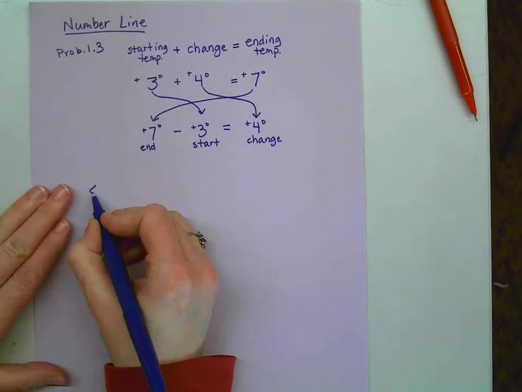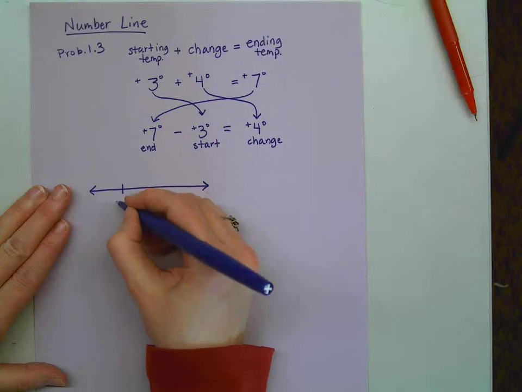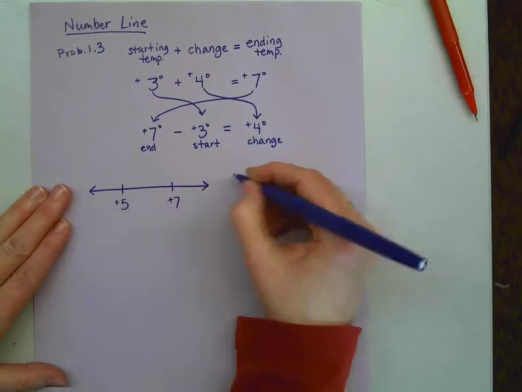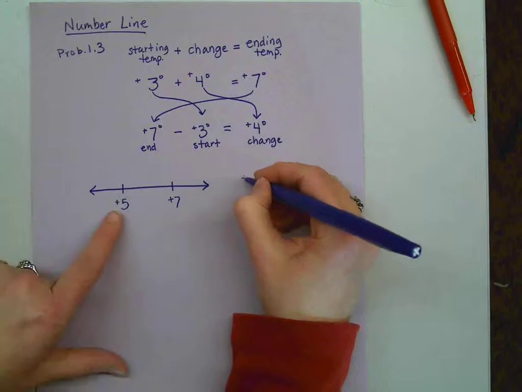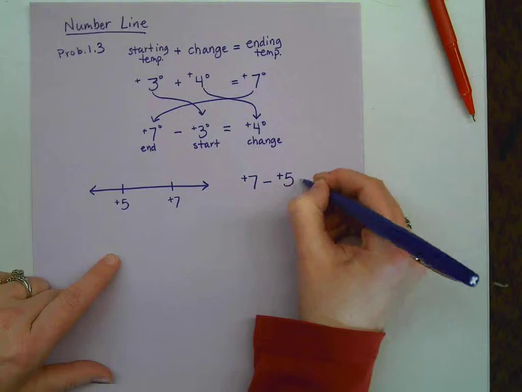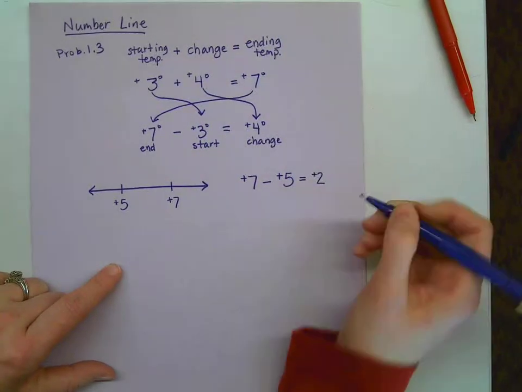So on the number line models that they have in the text, this is kind of what they're doing. So if I start with a +5, here's the problem. +7 minus +5. And we saw in the last problem, we know that the answer is a +2. Here's why.